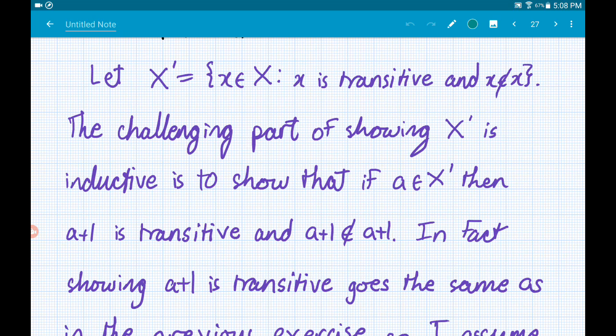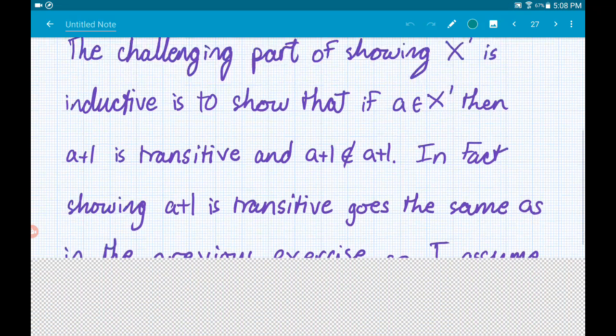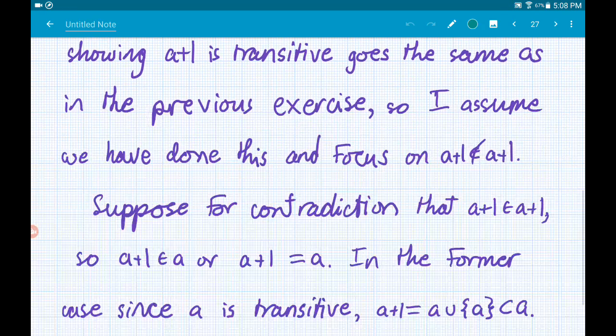In fact, showing that a plus 1 is transitive goes exactly as the previous exercise did, since that's essentially the same thing. You just get extra assumptions, but that doesn't get in the way of showing that a plus 1 is transitive. So I leave that for you to go do some archaeology in the previous exercise and find out how that went, if you're not sure.